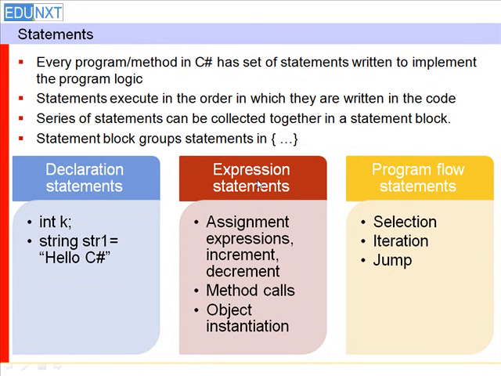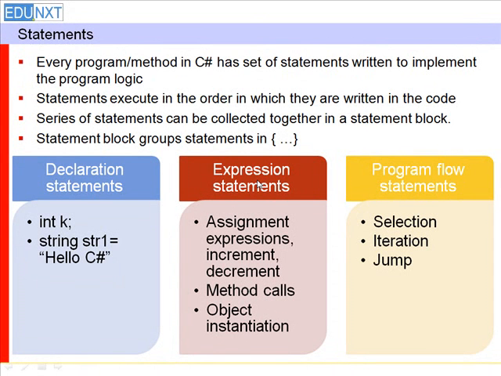Next type of statements are expression statements. These statements are expressions and when evaluated they may result into change of state. Typically a change of state means change in a value of a variable. Let's take an example. For example, let's say if we have an expression statement which is calculating area of a shape and the resultant value is stored into a variable. So whenever this expression gets evaluated, the resultant value gets copied into this variable, which results into change of state.